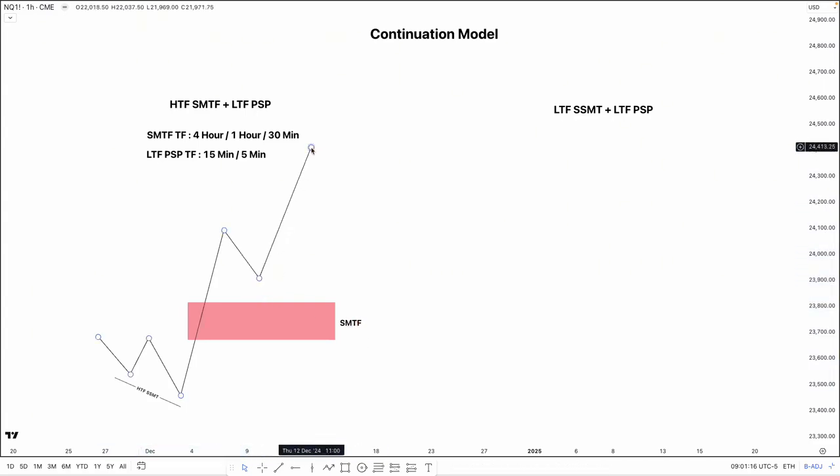This is what we'll be looking for. So one asset will be trading into this gap on the 4-hour, 1 hour, 30-minute time frame, and the other asset will be failing to.